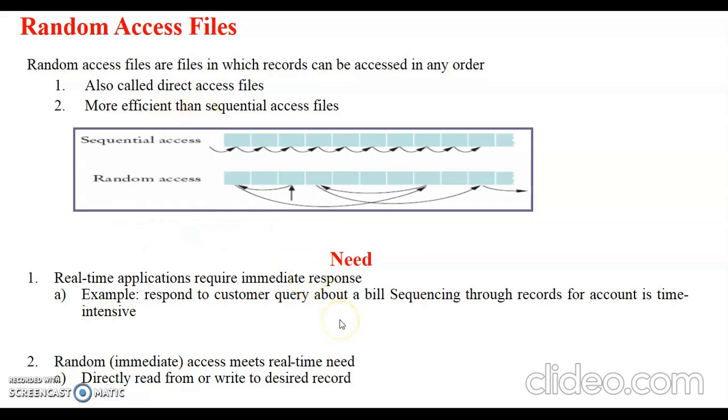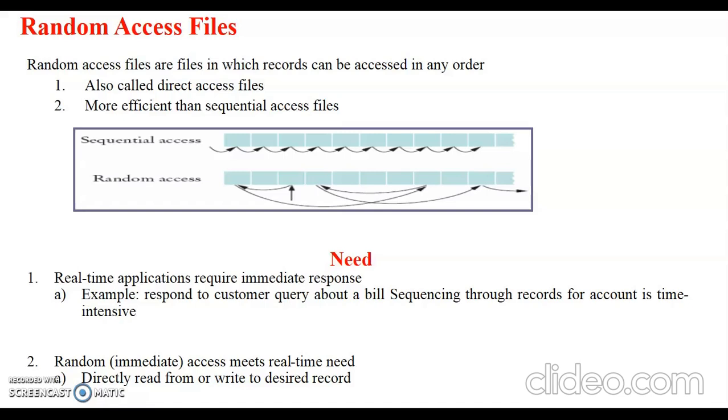So why is there a need for random access files? Because real-time applications require immediate response. For example, you want to respond to a customer query about a bill; sequencing through records for an account is time intensive. Let's say you are customer number 500 and you want to check your bill. The shopkeeper should not start from customer number 1; he can go directly to your bill.